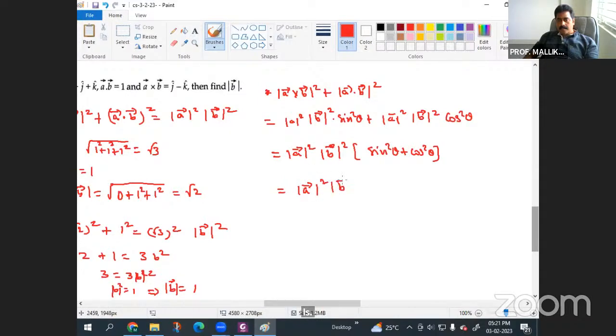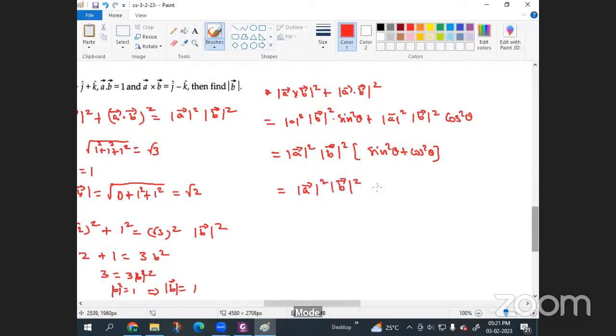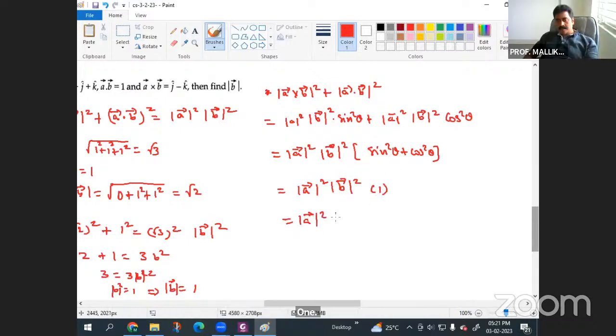What is cos square theta plus sin square theta? 1. Therefore, your answer is mod A square into mod B square. Understood Lagrange's theorem?